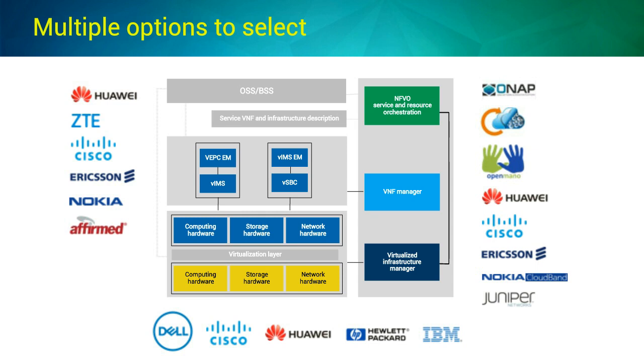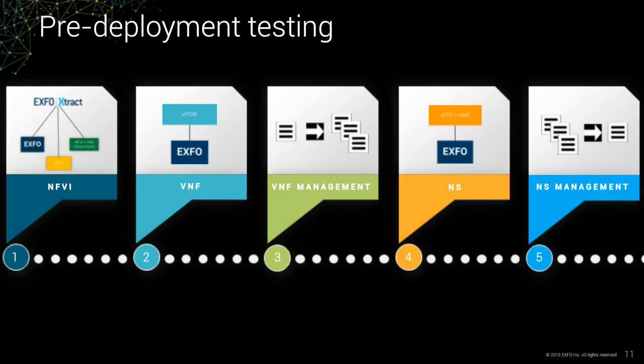Pre-deployment testing. Now, during pre-deployment testing, what do you actually do? There are 5 things that we recommend service providers to do. They should start with testing the NFV platform, followed by testing the VNF, the functions of VNF, and the VNF management functions, followed by the network service, the complete end-to-end network service functions, as well as the network service management functions.